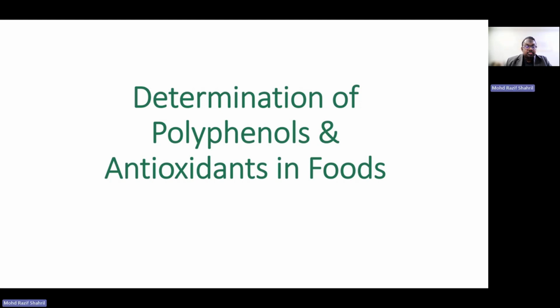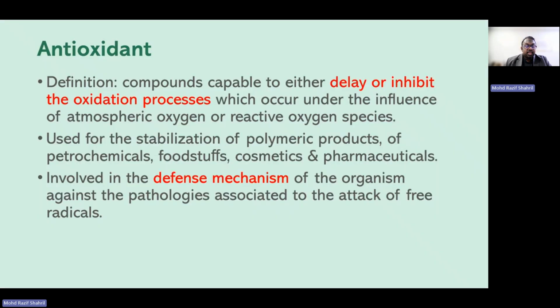So let's move on to our final major part for today, which is the determination of polyphenols and antioxidants in food. First, we must define what an antioxidant is. By definition, antioxidants are compounds capable of either delaying or completely inhibiting the oxidation processes that occur under the influence of atmospheric oxygen or reactive oxygen species.